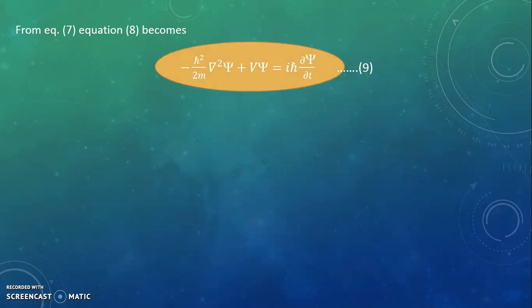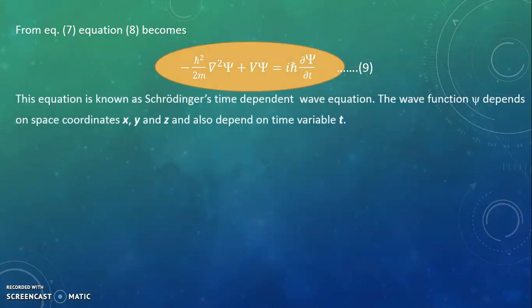This equation number 9 gives Schrodinger's time dependent wave equation. The wave function ψ depends on all space coordinates x, y, z, and it also depends on time t.